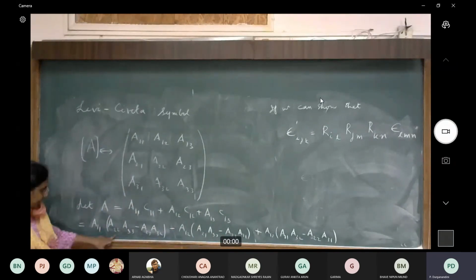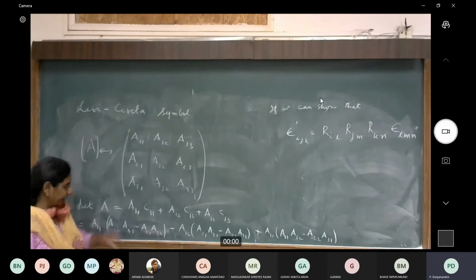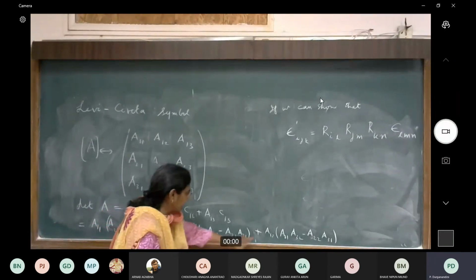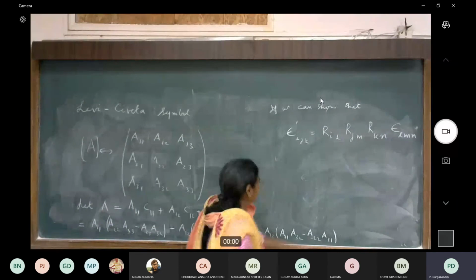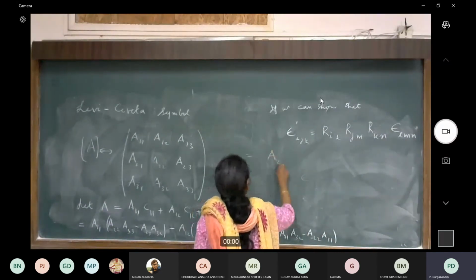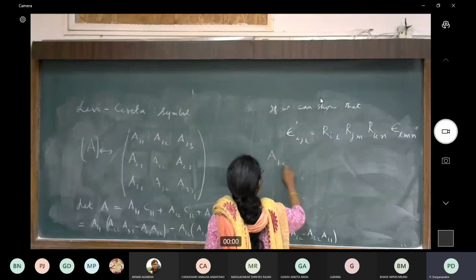If you look at the first index, you have 3 A's in each term. In the first term I have 1, 2, 3, the next one I have 1, 2, 3, then again 1, 2, 3, each time. So I can write this in a compact way as equal to the following. I'll just write it down and then you will see this.